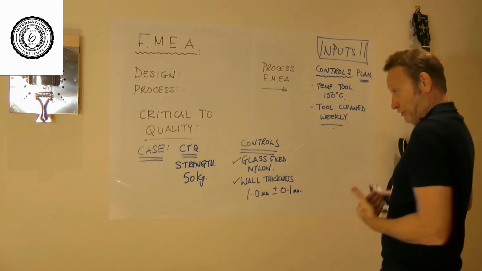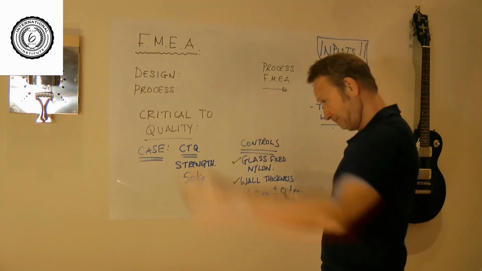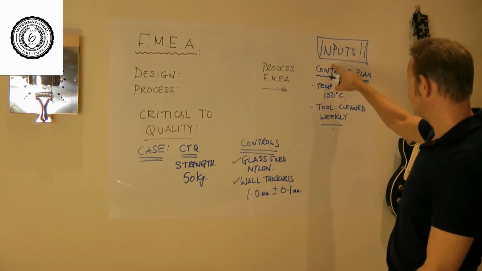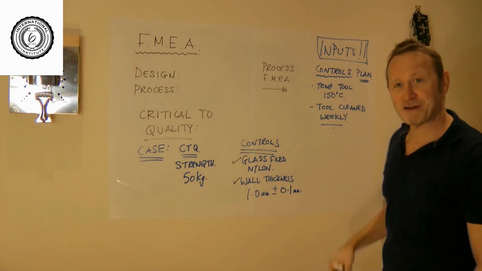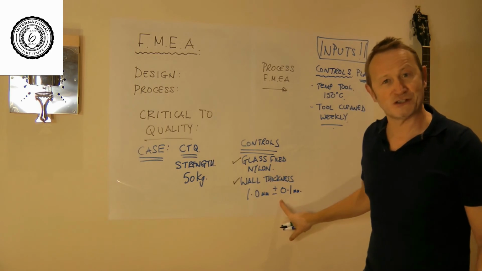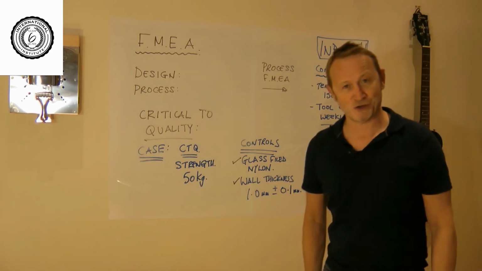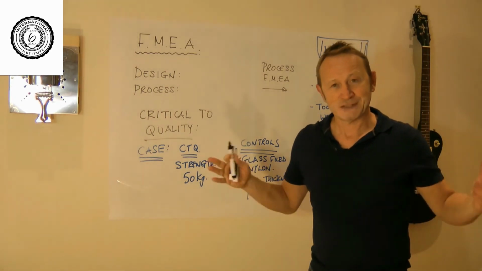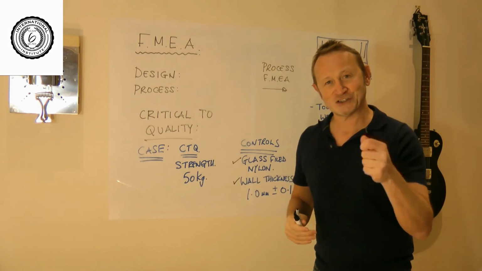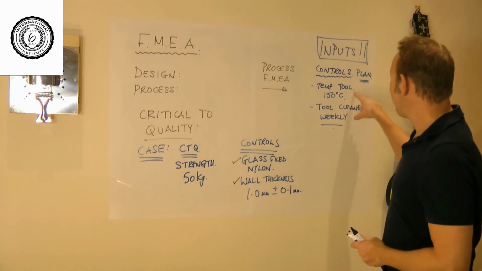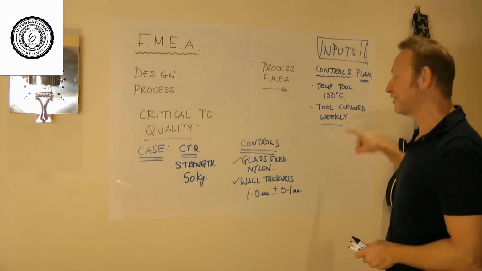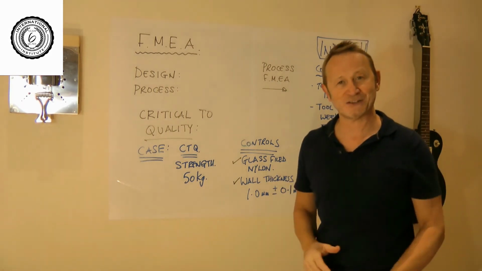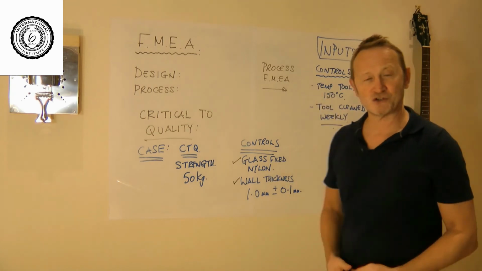And now, of course, if we accept them, and I just put those in place, and I control the inputs, guess what? I never have to measure the output. I'm never going to measure this. I know these two control the bloody thing. That's control. That is a control plan. If you ever put check it here, check it, measure it, gauge it, inspect it, that's not a control plan.